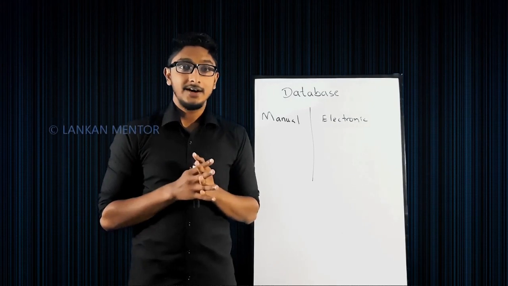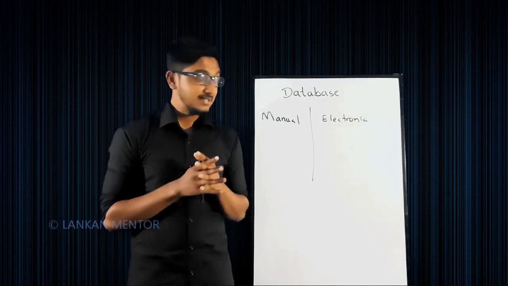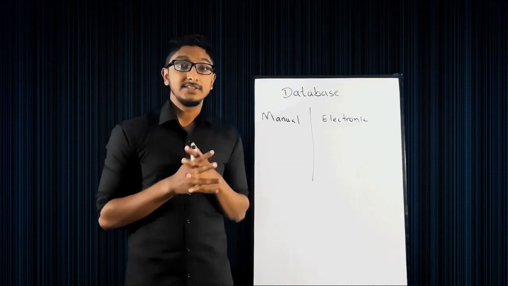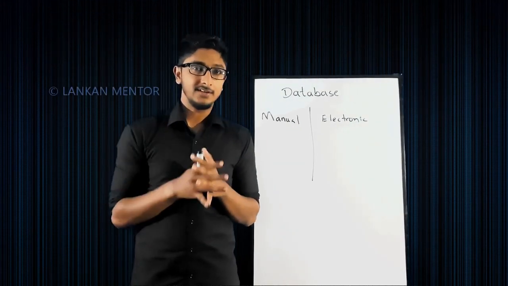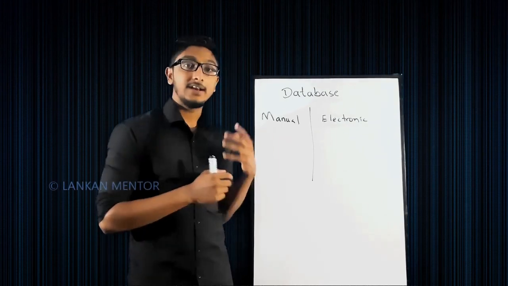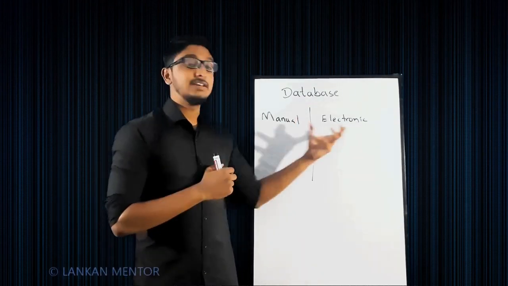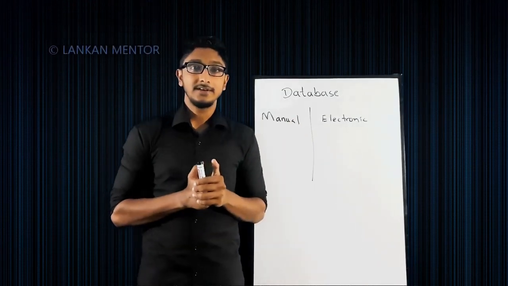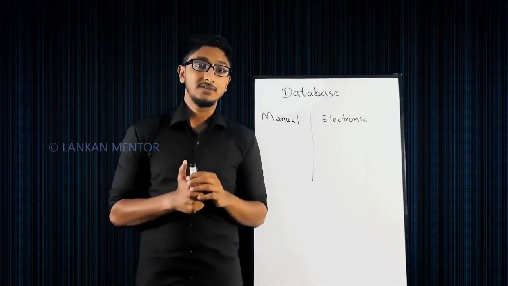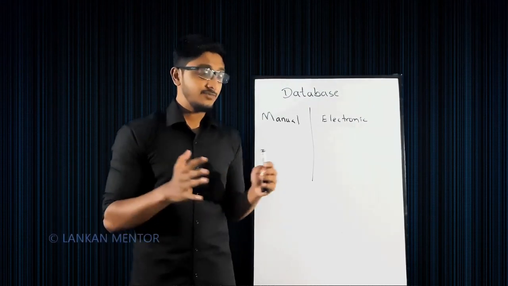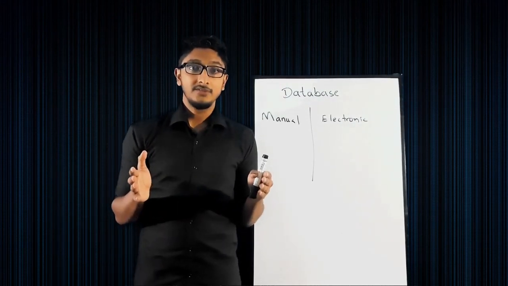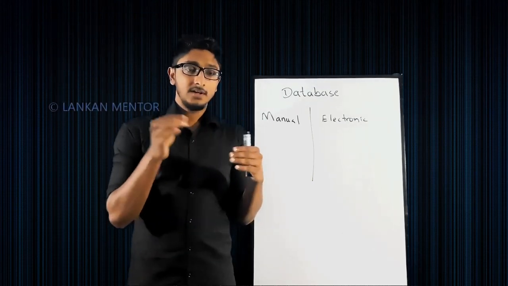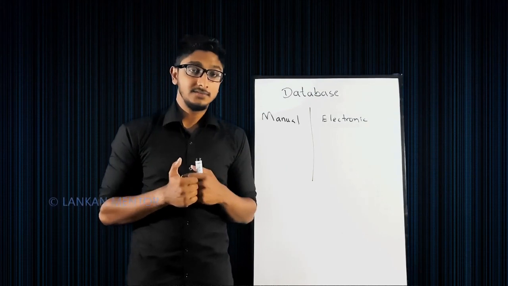Another comparison that you have to make is that if you consider manual database, analysis is difficult. Now I discussed that earlier, right? I told you when you're analyzing data, it is easier in electronic database rather than in manual databases. Now let's say you want to compare marks of 100 students, and you want to put them in ascending order, right?